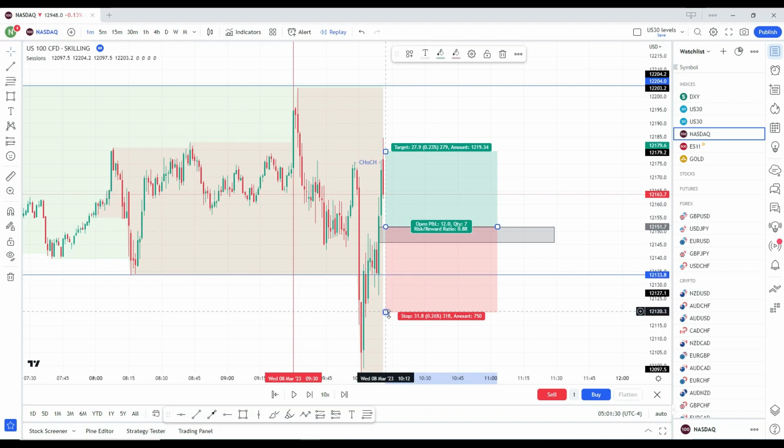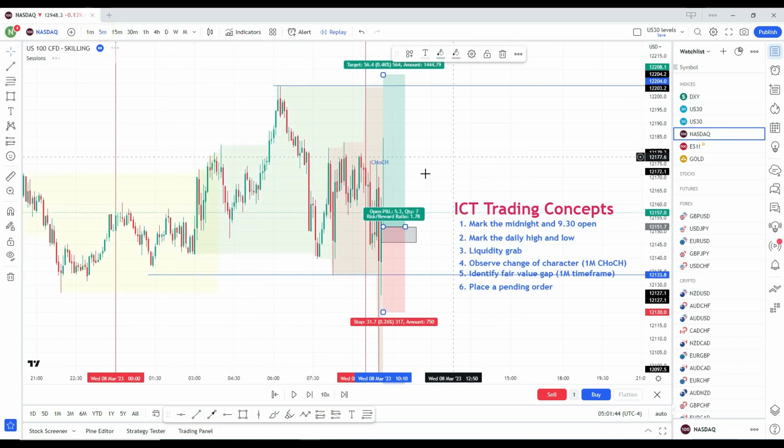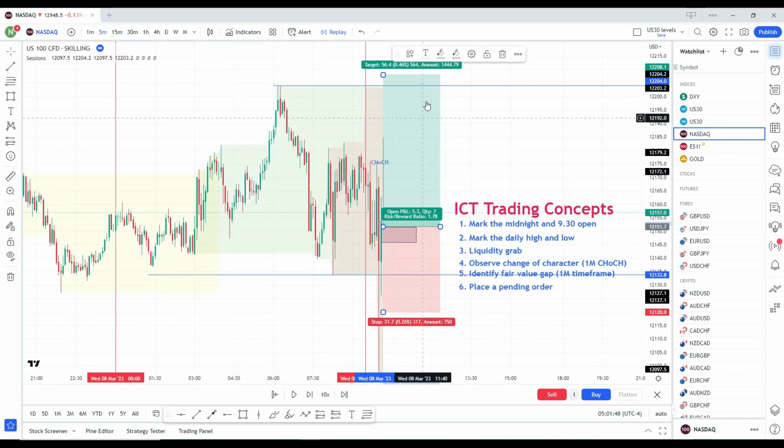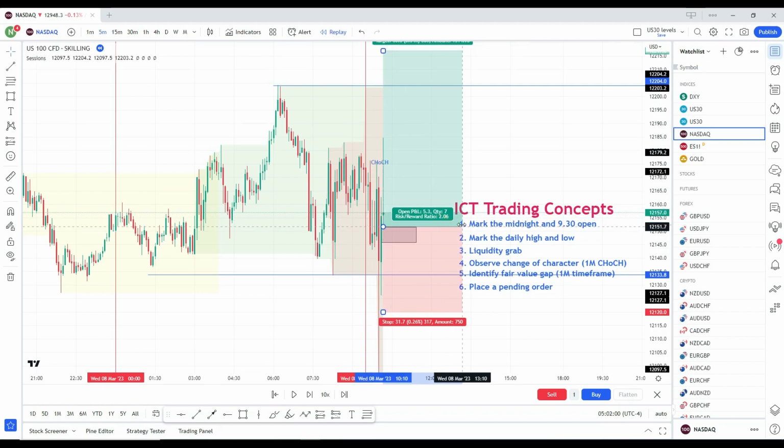So the stop loss should be least. We can just keep it here. So take profit, maybe we can change time frame to 5 minutes. So let's take at least 2.5. 2 is okay. 2.606.